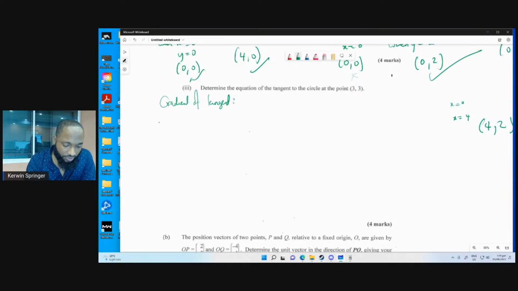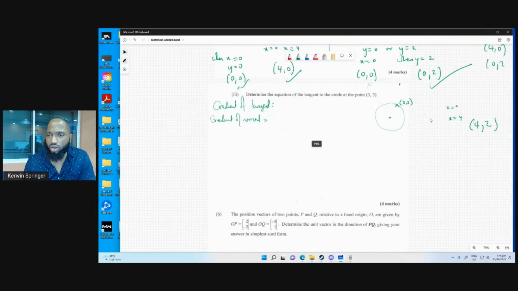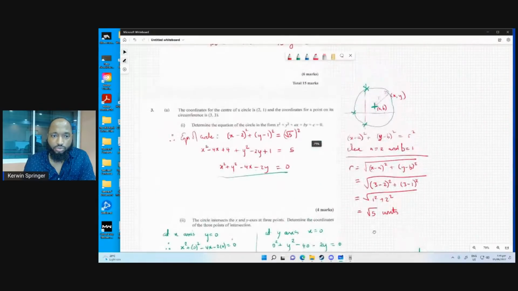To find this, we need the gradient of the normal, which goes from the point 3, 3 up here to the center. What was the center, 2, 1 or 1, 2? I think it's 2, 1.